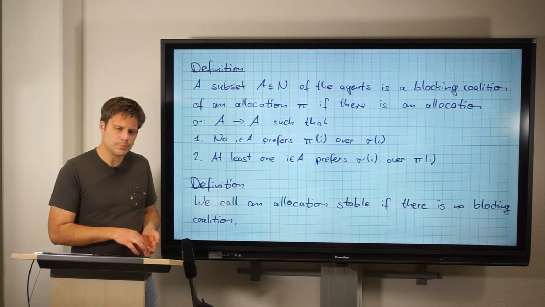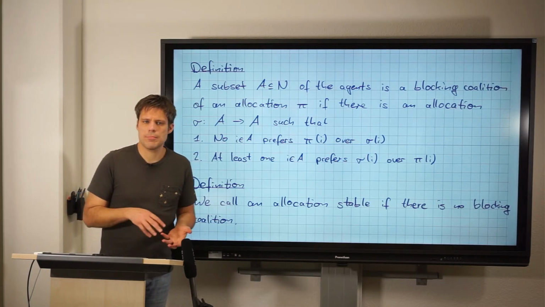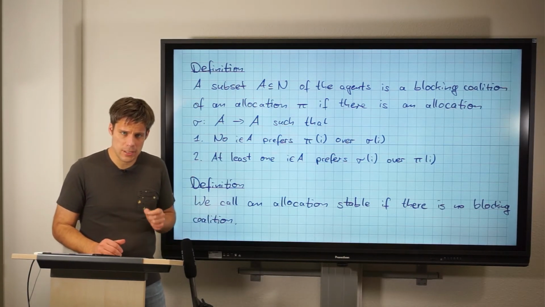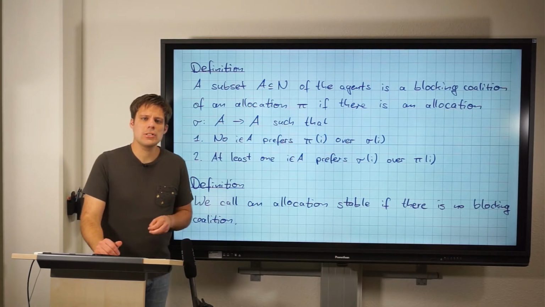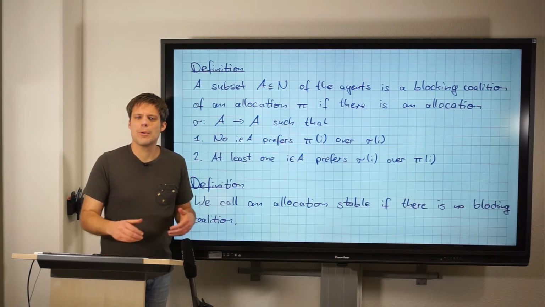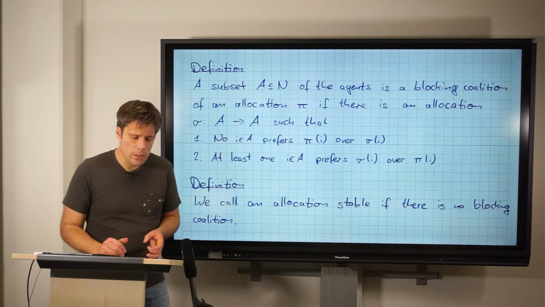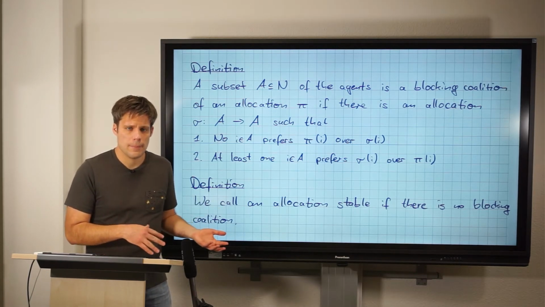Why that? Because if we find a stable allocation, this ensures that our agents are actually willing to take part in our exchange and they're not deciding to just drop out and do their own thing.